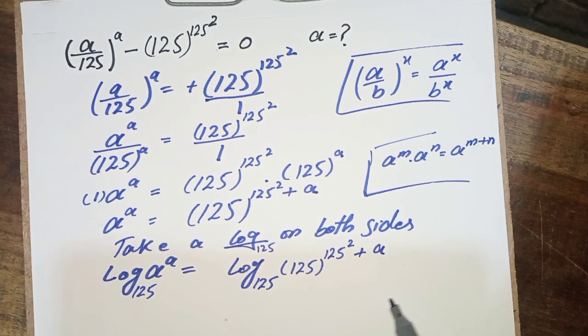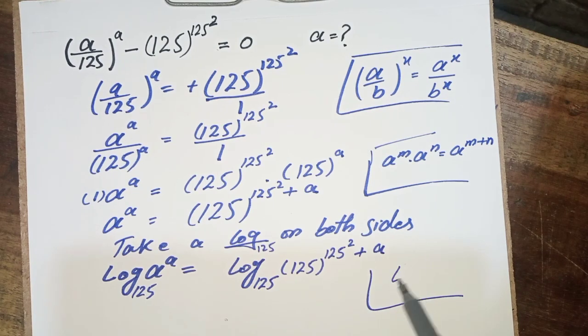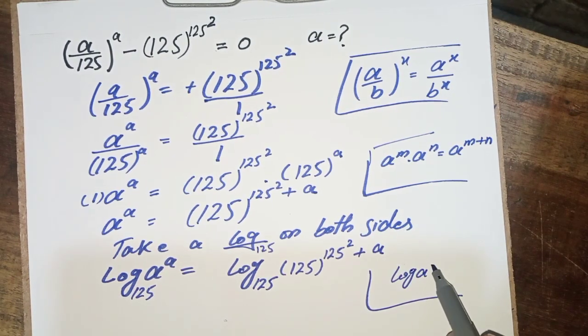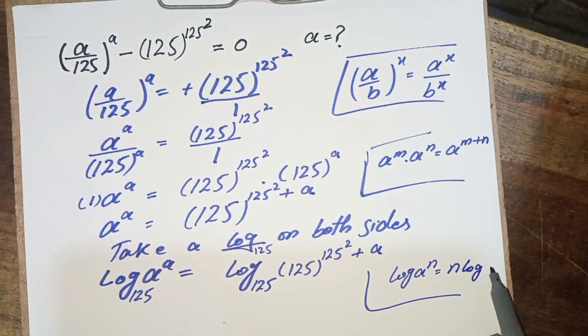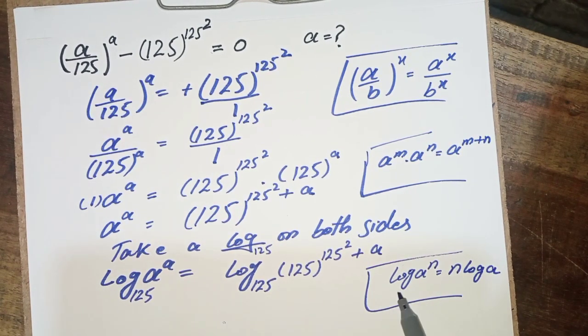Now we have a logarithmic rule: log a^n is equal to n log a. We apply this power rule on the left and right sides of the equation.